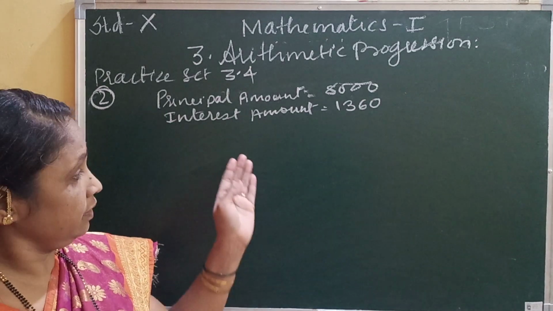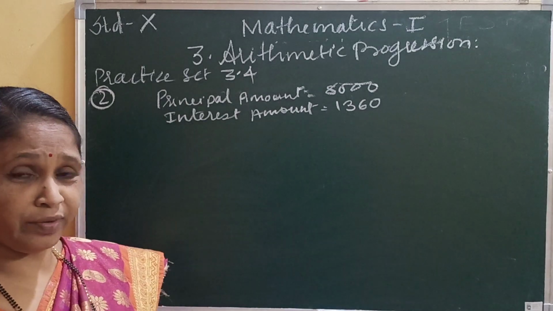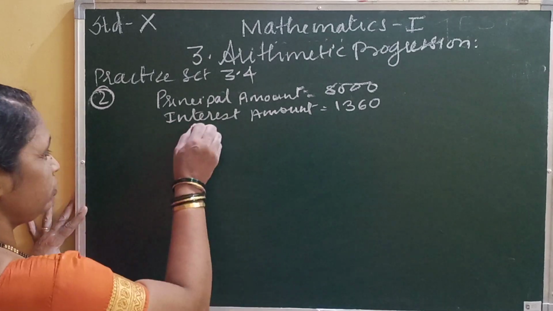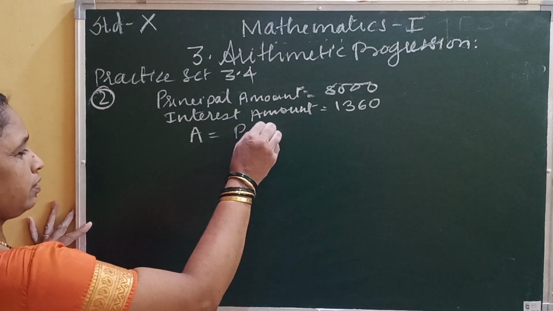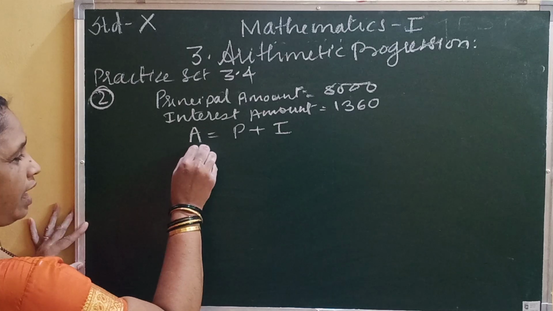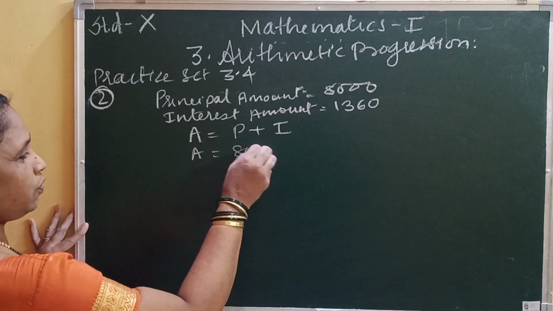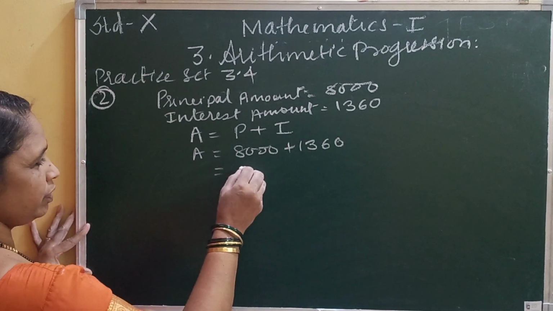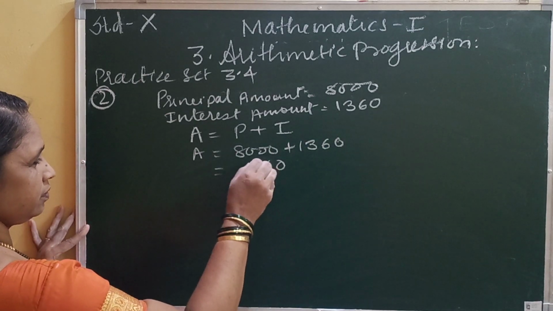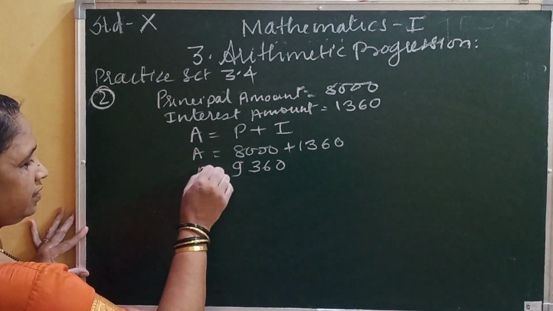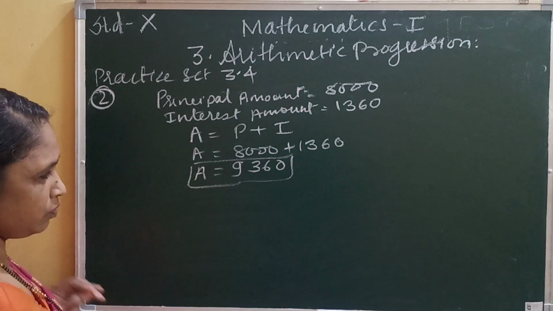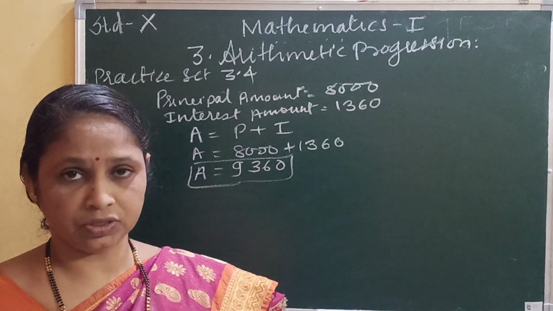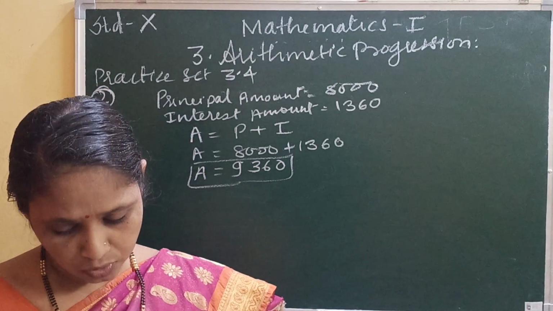And he is going to repay this in how many months? In 12 months he will repay. So amount is equal to, we know the amount formula P plus I. So amount is equal to 8,000 plus 1,360, so it will be 9,360. So the total amount he has to pay at the end of the 12 months is 9,360.